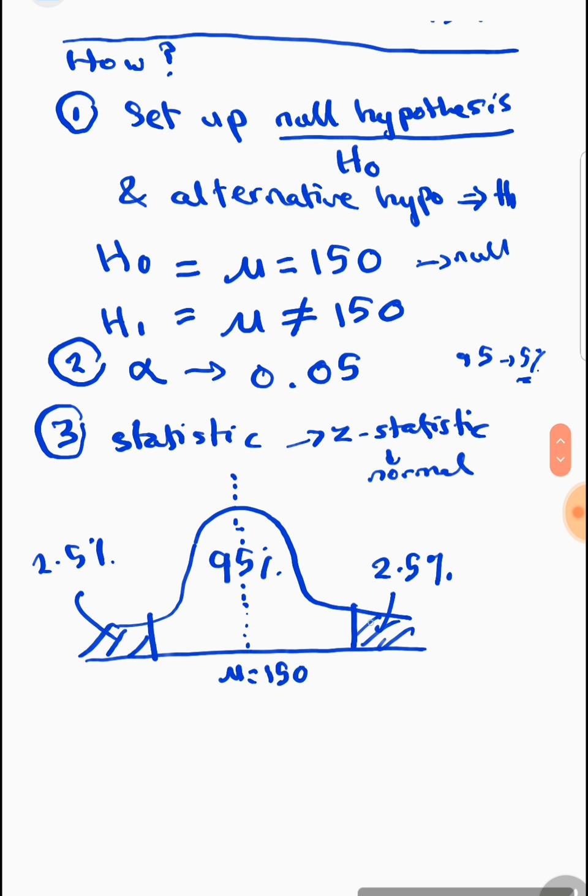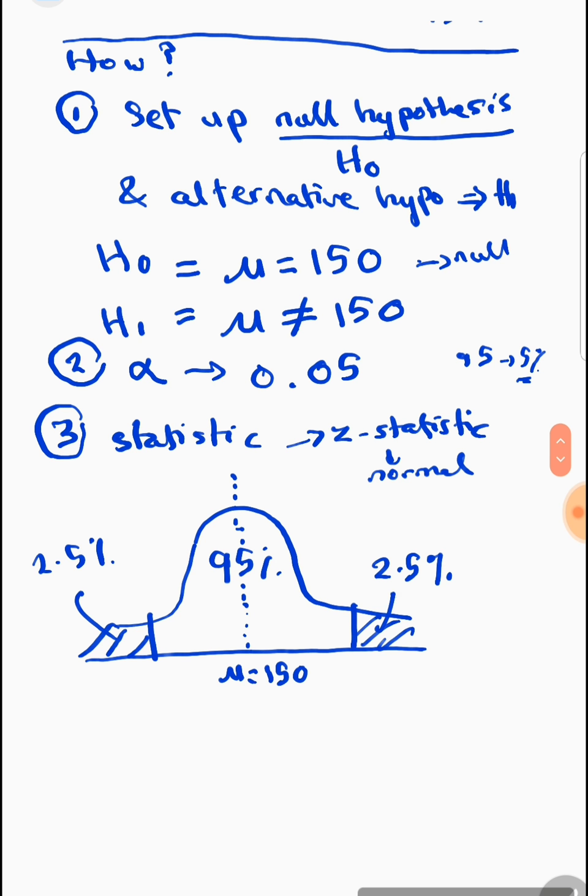When you draw this out, when this is mu equals 150 and you want to test whether the assumption is true or false, you can see that it has been split into two, which is 2.5, which means the one that we want to work on later would be 2.5% or 0.025.